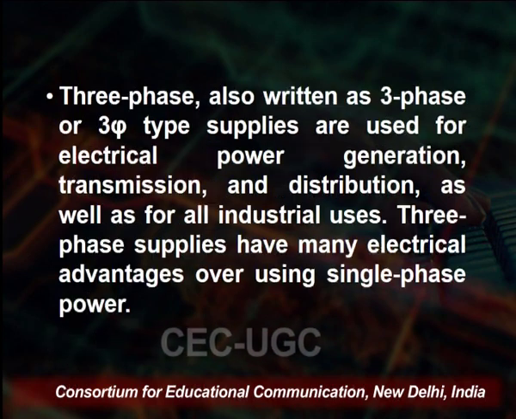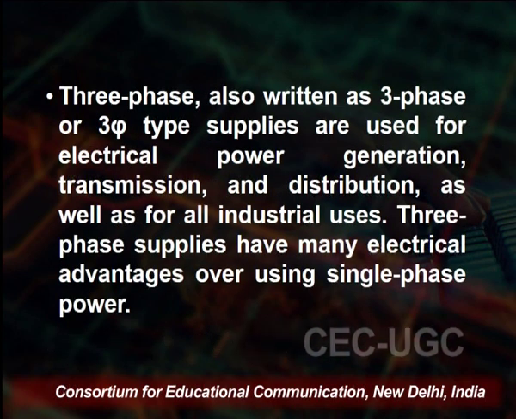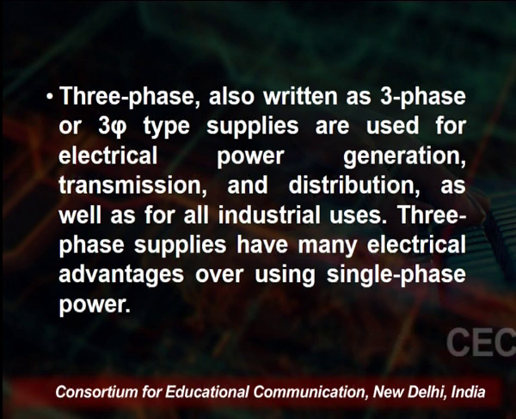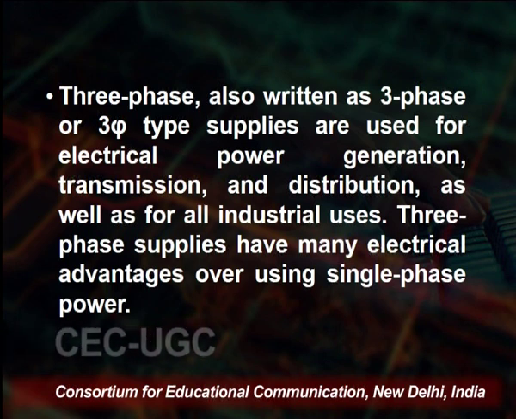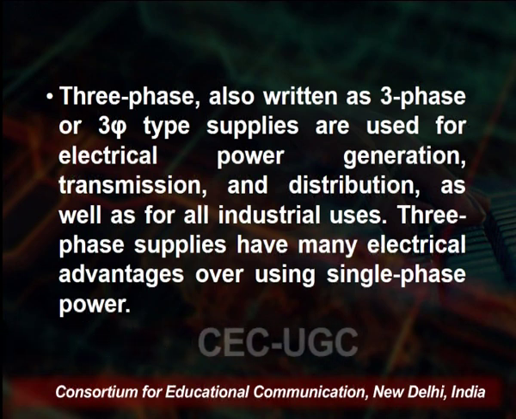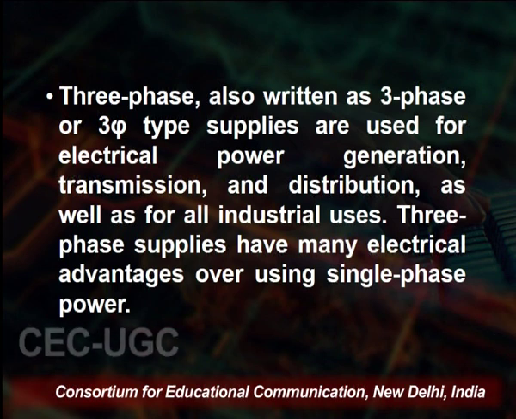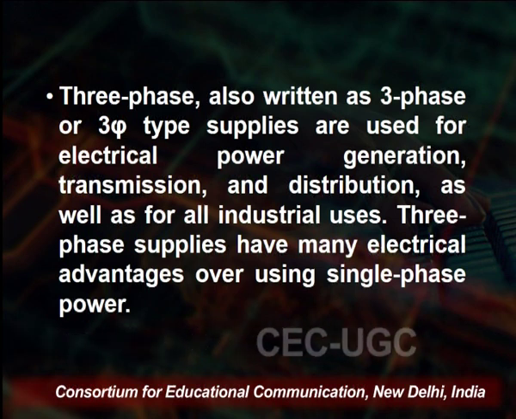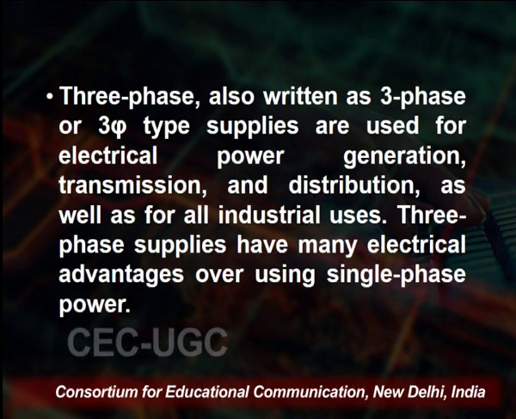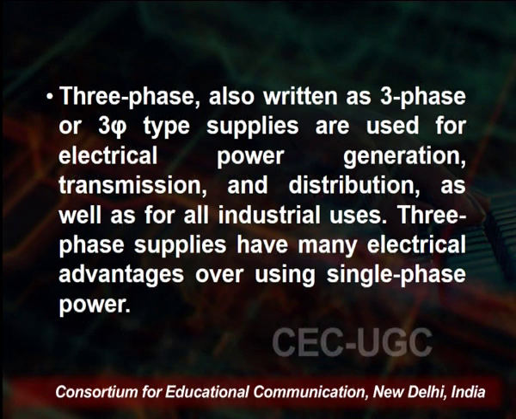The 3-phase supply, also written as 3-phi, is used for electrical power generation, transmission and distribution, as well as for all industry, offices and houses. 3-phase supplies have many electrical advantages.